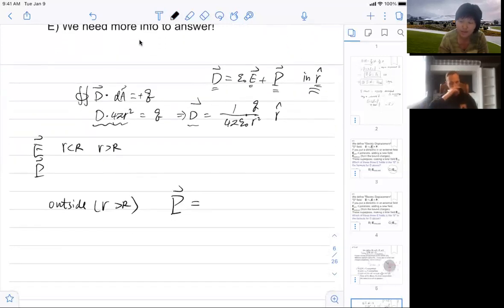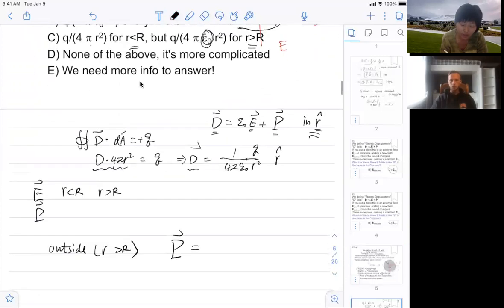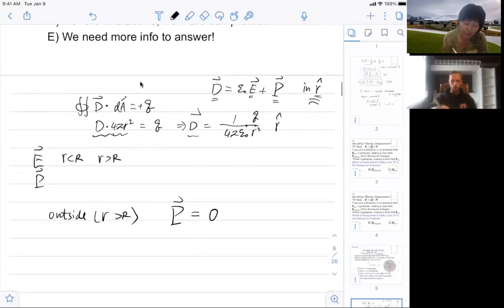I would say no, because all the charge is on and in the sphere. Yeah, because you're polarizing the material. Outside of the material, obviously, you're not polarizing anything. The material is not even there. So polarization is 0 outside, which means, if D is the same everywhere and P outside is 0, now I can calculate my E outside.